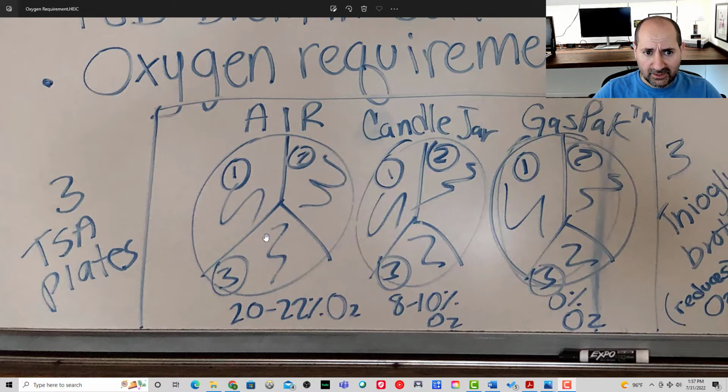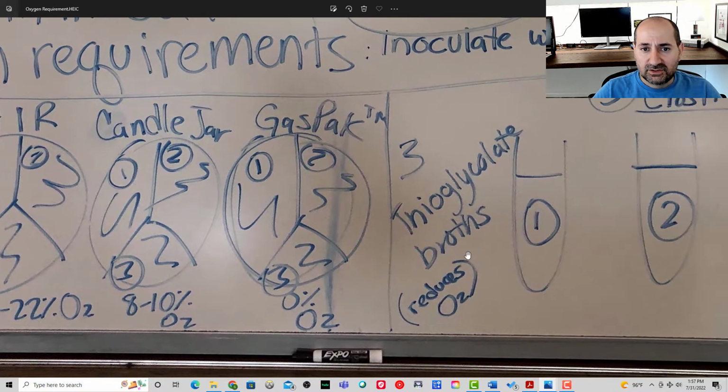Now, the air contained your standard atmospheric 20 to 22% oxygen. The candle jar depleted the oxygen down to 8 to 10%, and the gas pack completely depleted the oxygen down to 0%.